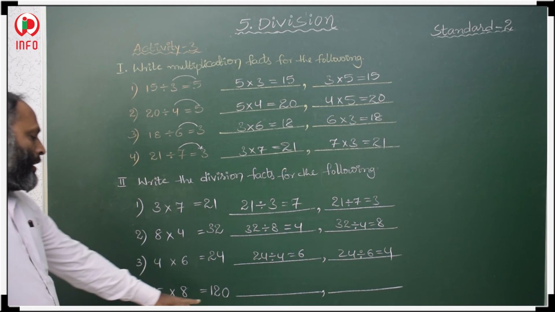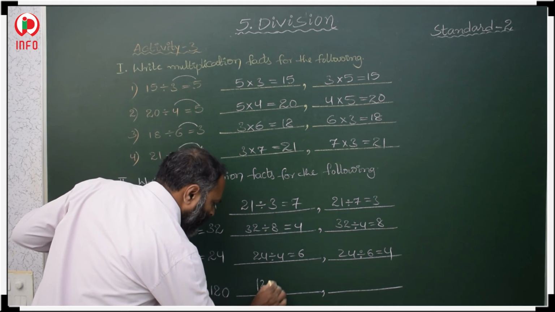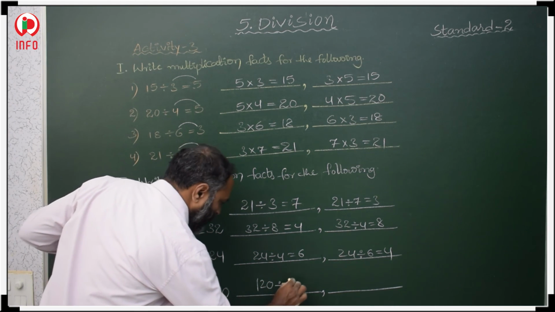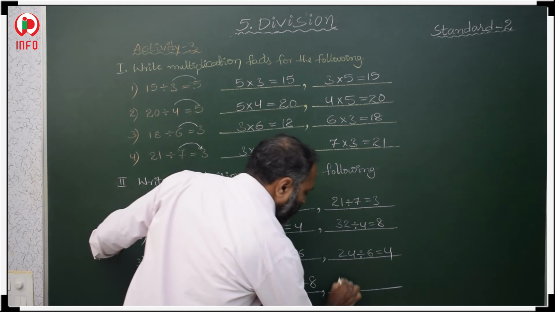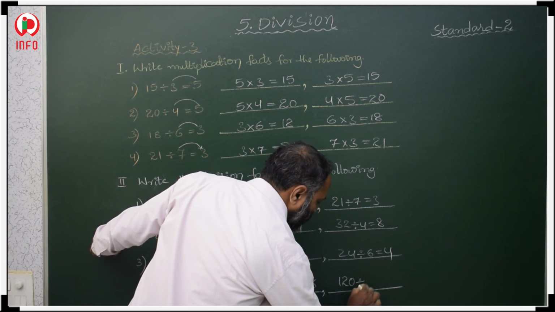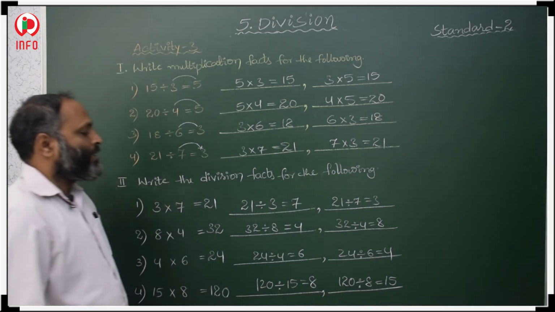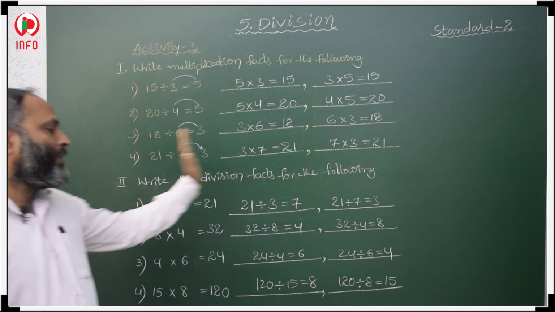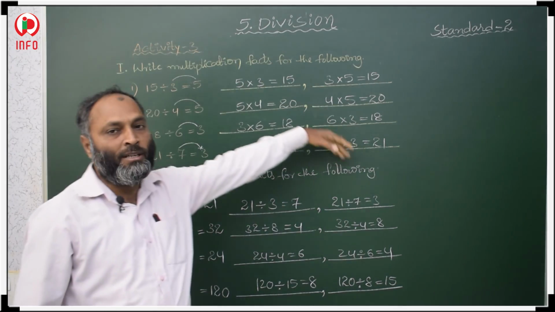Now, 120 divided by 15, then you will get 8. The second, 120 divided by 8, you will get 15. So in this way we convert multiplication facts into division facts, and division facts into multiplication facts.